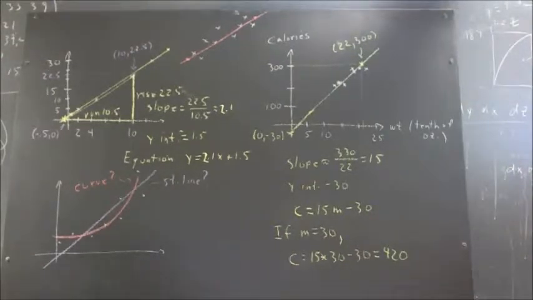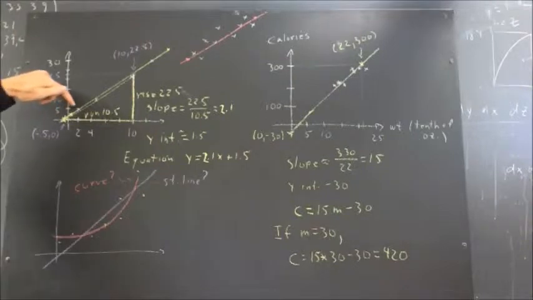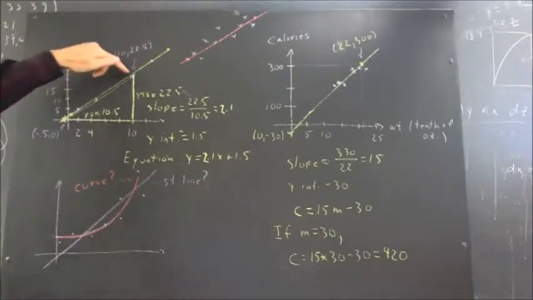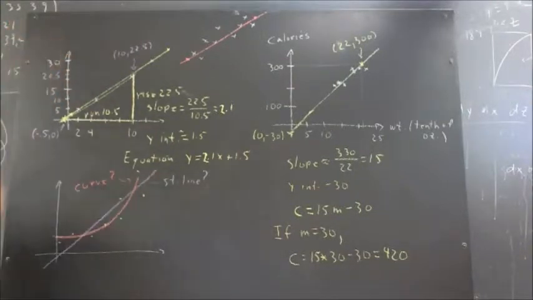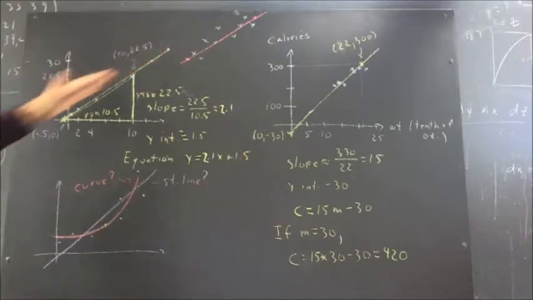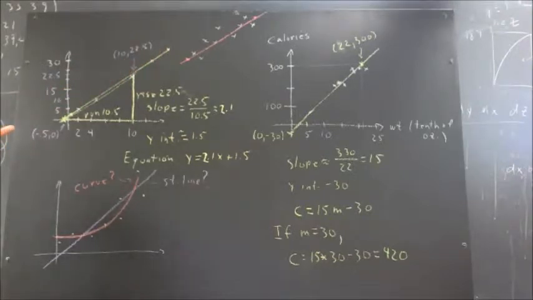Now, the first set of points you're asked to plot and fit a line to, it's not calories in a candy bar, it's just a set of points. So we have a point here, a point here, a point here, and there's another point that got obliterated. Anyhow, we graphed the 4 points, and we fit what we thought was the best line.